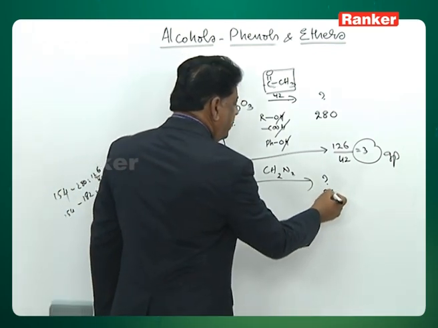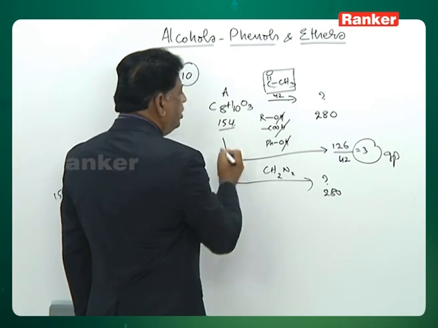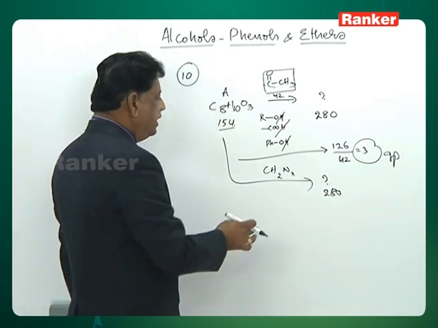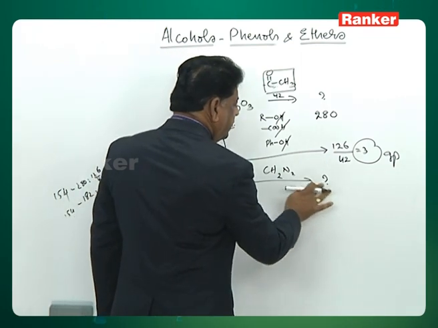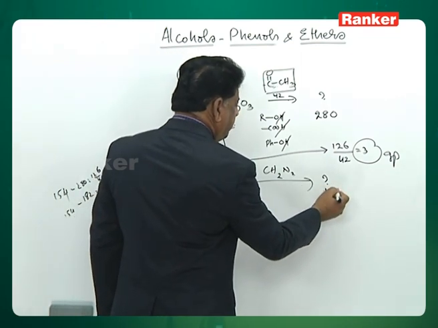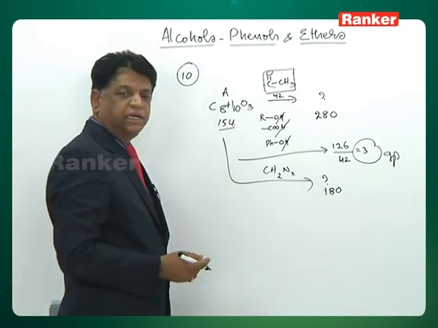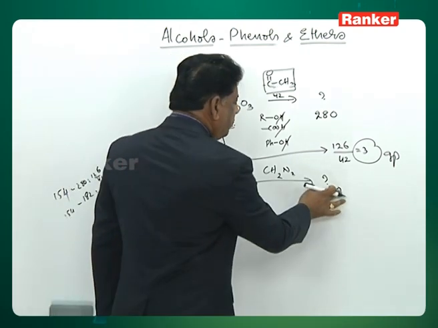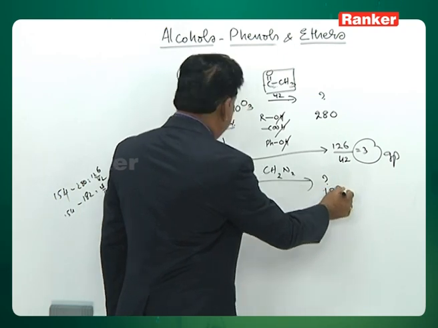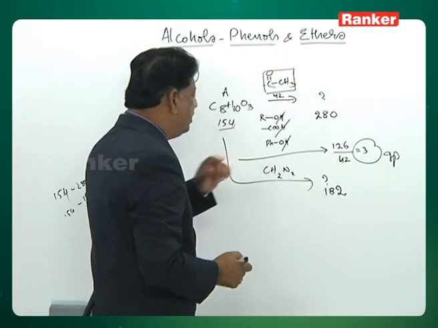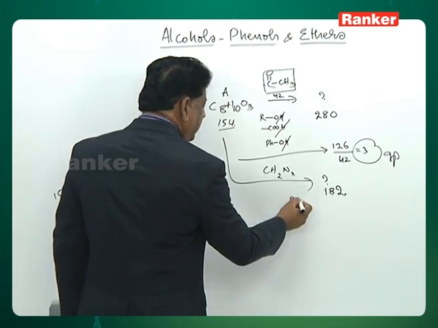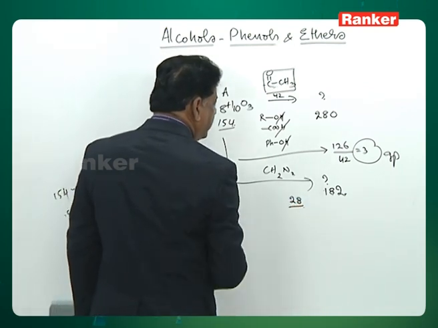So that means here the 184 is becoming 182, not 280. The second product by diazomethane reaction is 182. You calculate this 182 increase: 154 becoming 182 means a difference of 28 atomic units is increased.